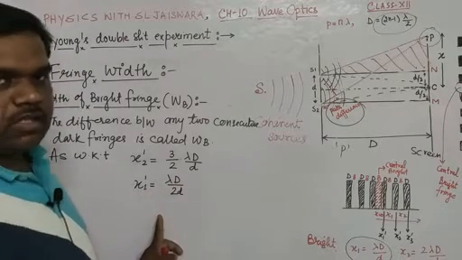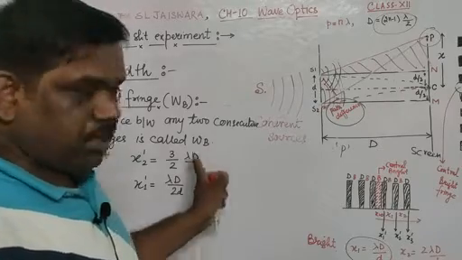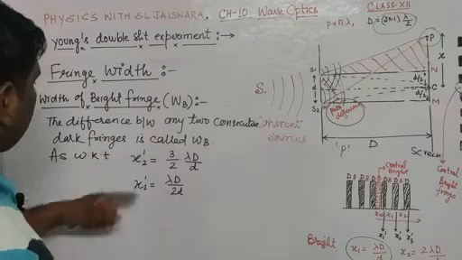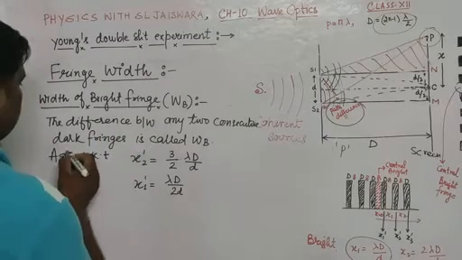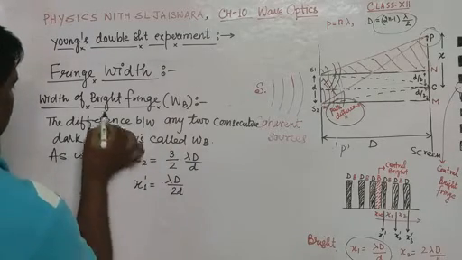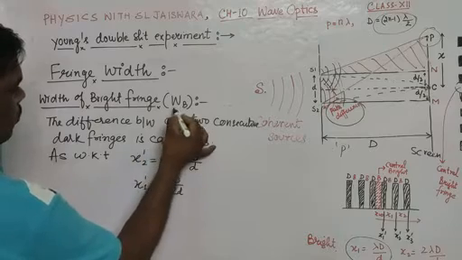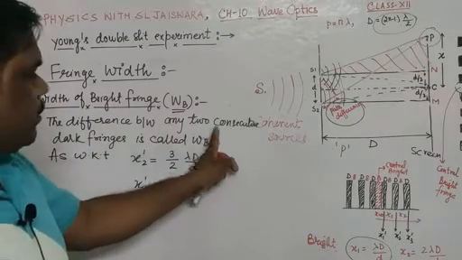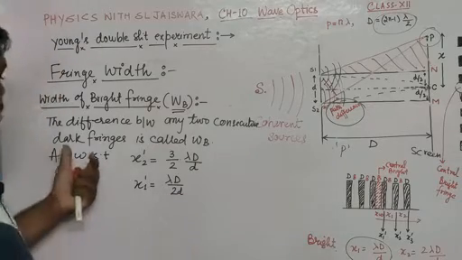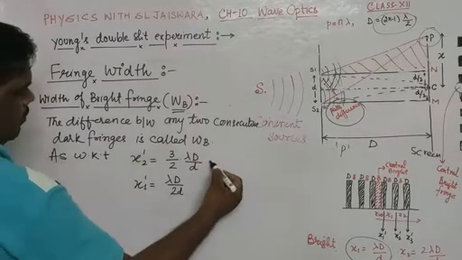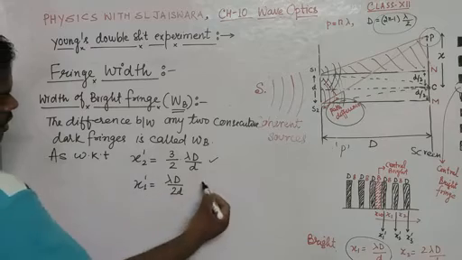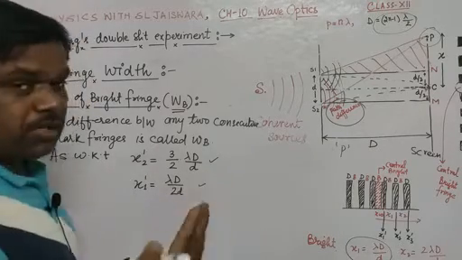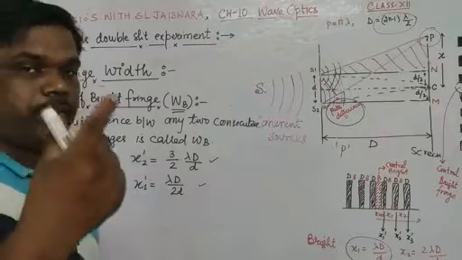In our previous class we have already derived this. So here we have to calculate the width of the bright fringe. As per the definition, it is the difference between any two consecutive dark fringes. This is the position of the second dark fringe, and this one is the position of the first dark fringe. So their difference gives the width of the bright fringe.